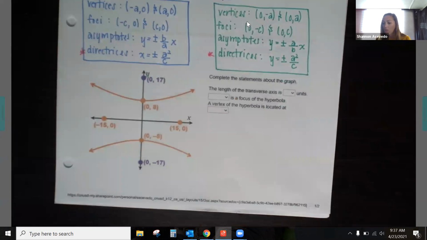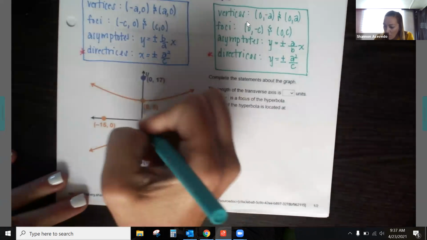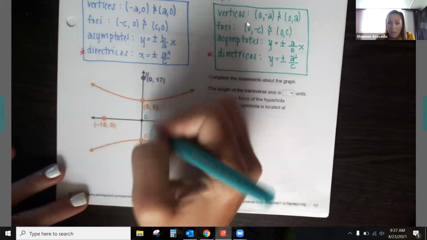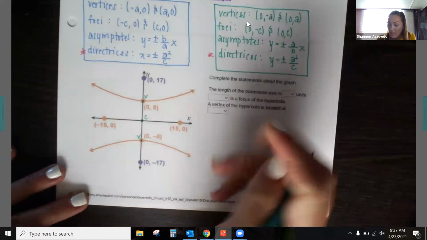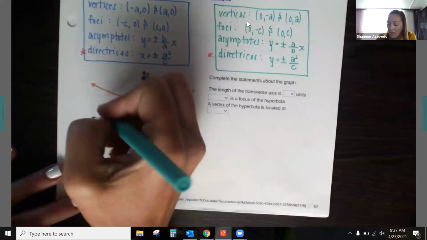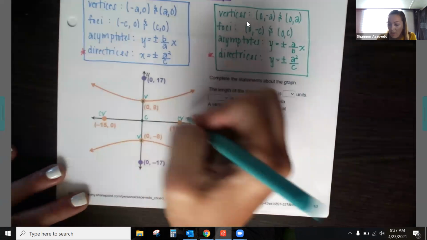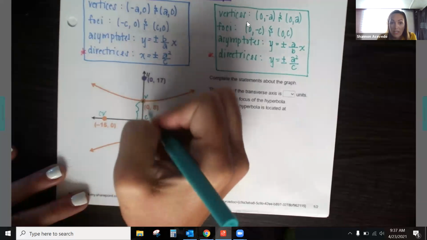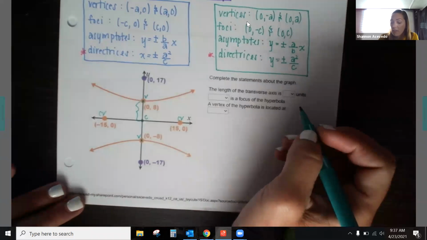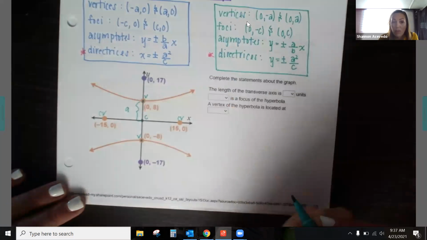Okay, so things that I know just from looking at this. I know that this is going to be my center. It's directly in the middle of the two. This is a vertex, because my graphs are always on my vertices. I know then that this would have been my co-vertex. The distance from my center to my vertex is my A value.